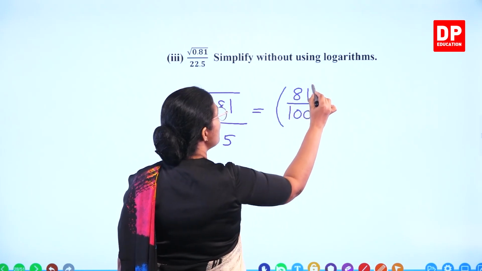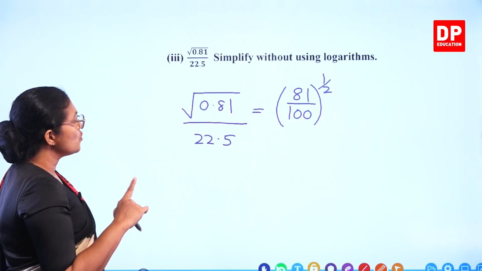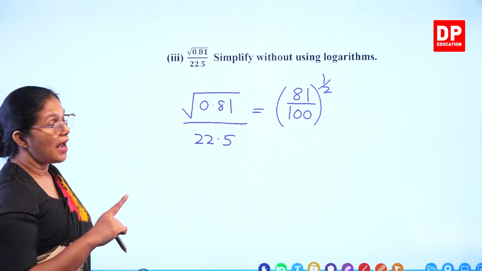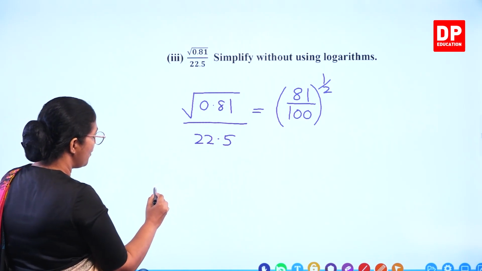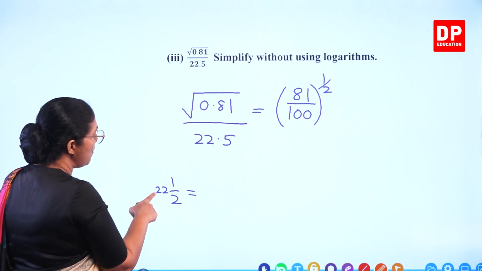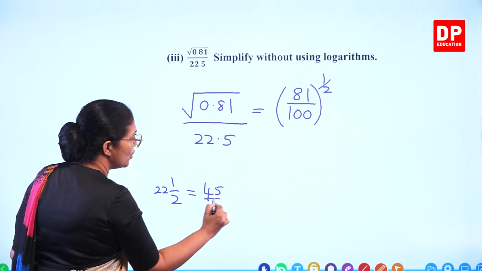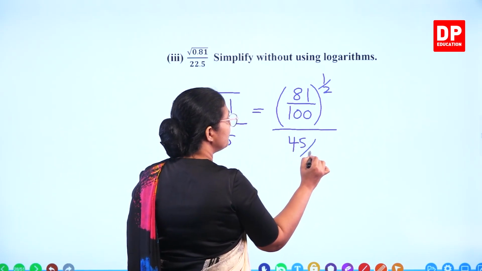And square root means power half. 22.5, how can you write it as a fraction? 22 and a half, you can write as an improper fraction, 44 plus 1, 45 over 2. So I can write 45 over 2.